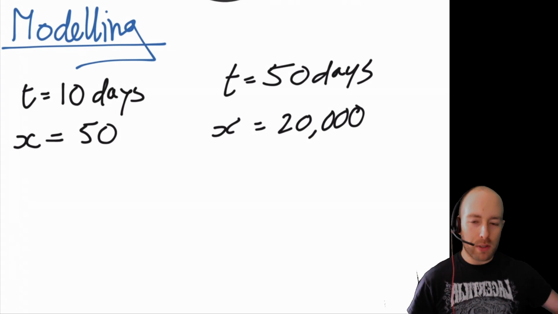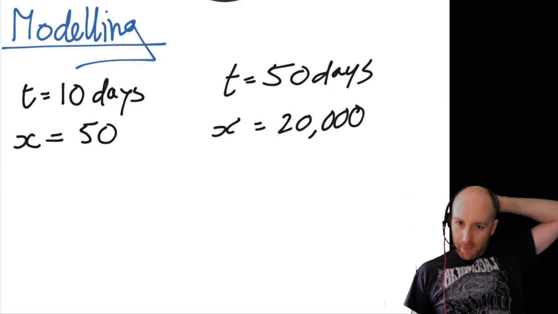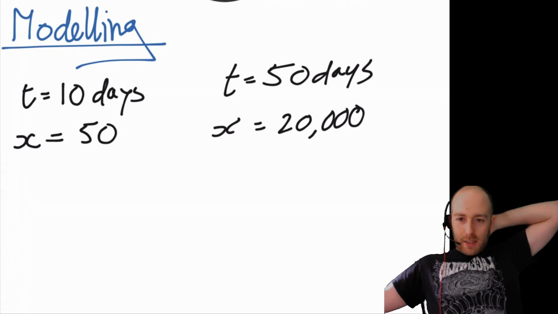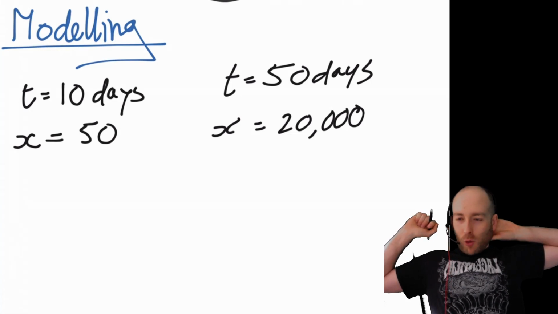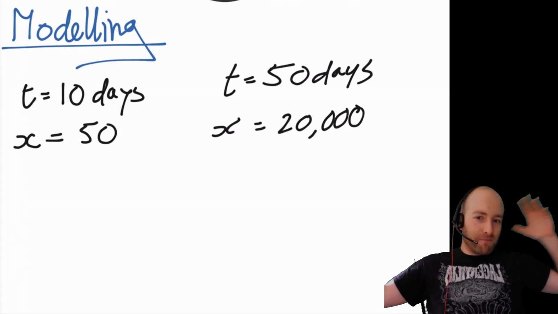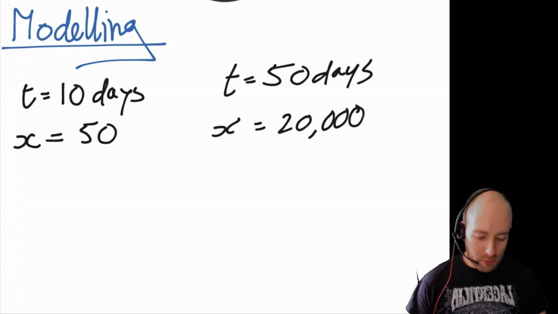Okay, random data points I have just plucked out of the sky. It could be anything. Obviously, t is measured in days. X could be number of particles or number of pounds. I don't know. Could be anything you like.